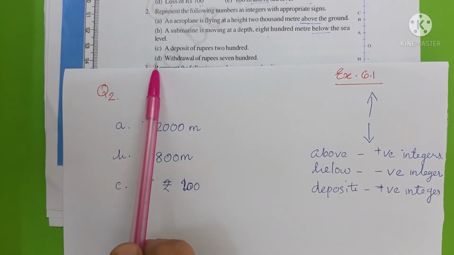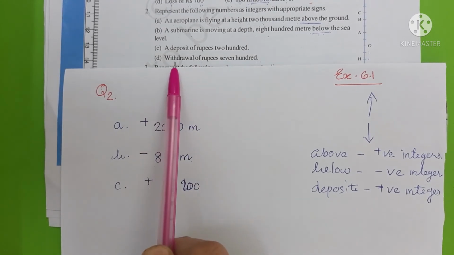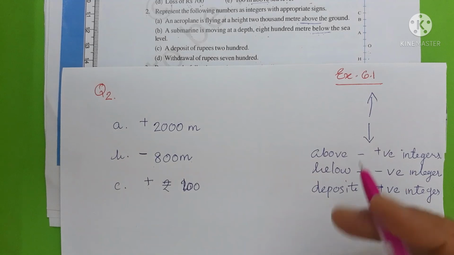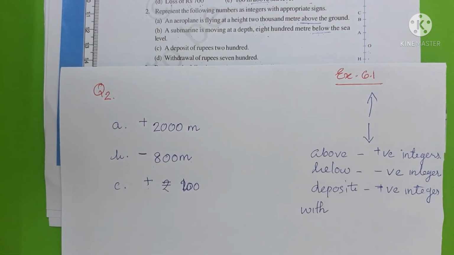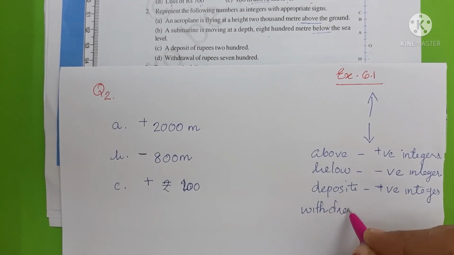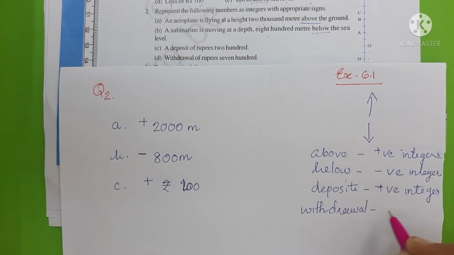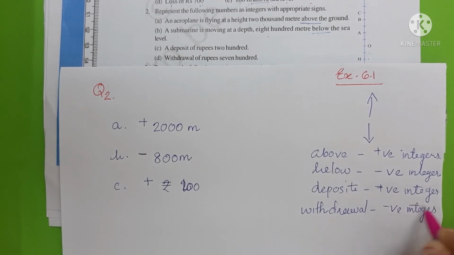Now D. Withdrawal of rupees 700. So withdrawal indicates a decrease in the amount of our money in the account. So withdrawal is a negative integer, right?